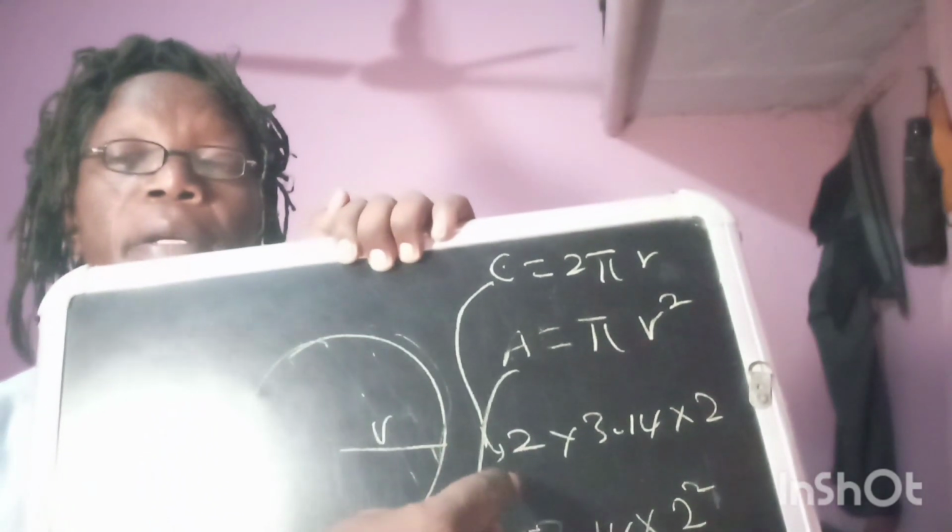If the radius is 2 centimeters, then it will be 2 centimeters times pi, which is 3.14, times r, the radius, which is 2 also. So it's just 2 times 3.14 times 2.